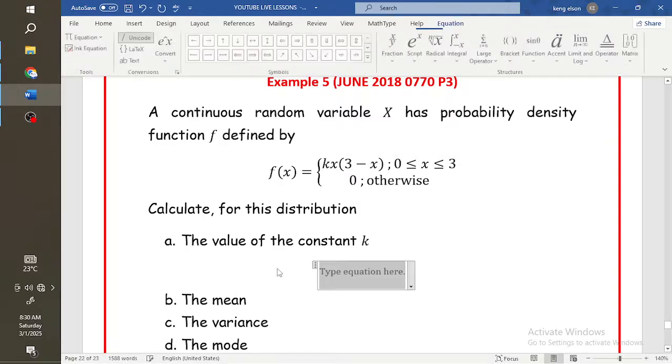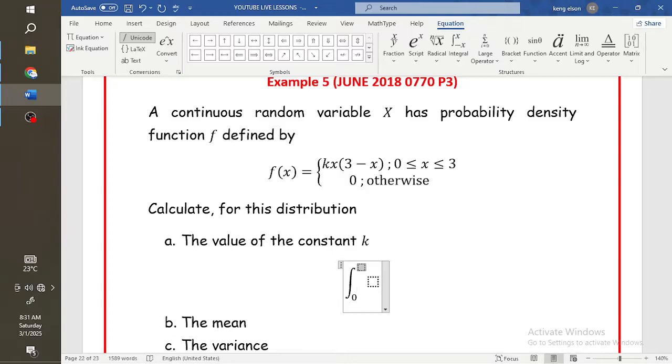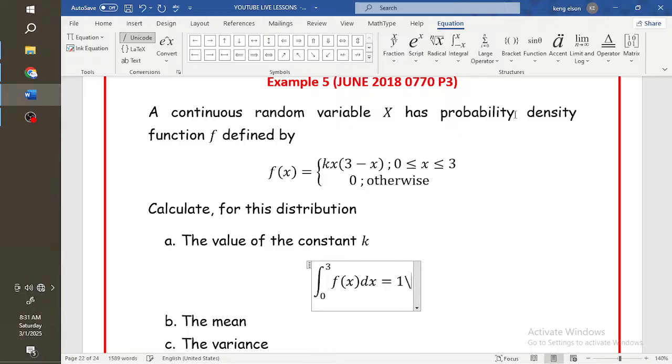There's no need for me to be writing all those long stuffs again. So the integral from 0 to 3 of f of x with respect to x must be equal to 1. This means that the integral from 0 to 3 of k, which is a constant, I can just put outside.